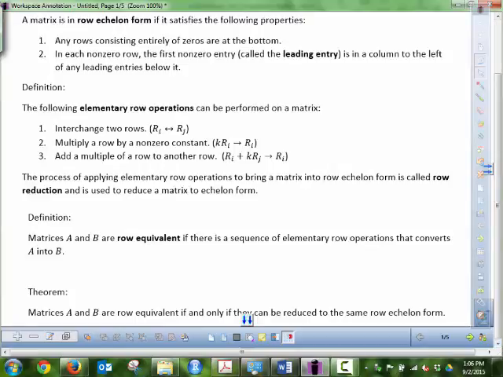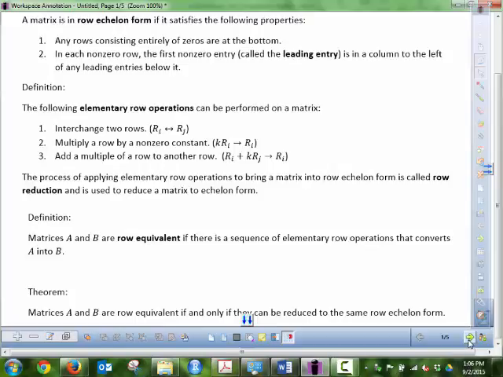And the last one is a theorem that says if you have anything that can be reduced into the same row echelon form, then all those matrices are row equivalent. Okay, so we'll take these definitions and then some, and I'll highlight where they pop up when we do an example.